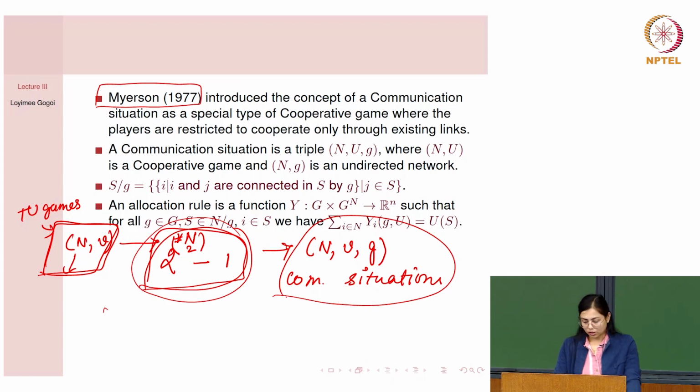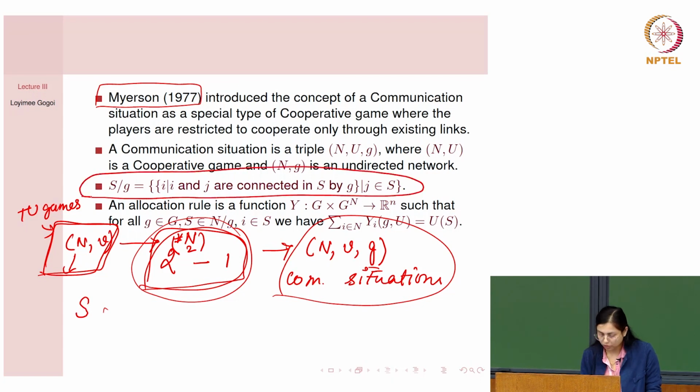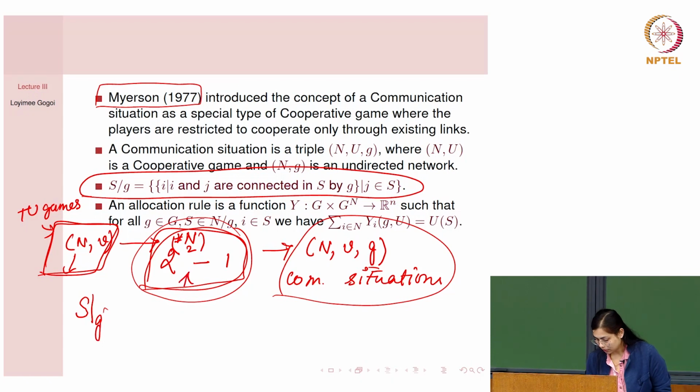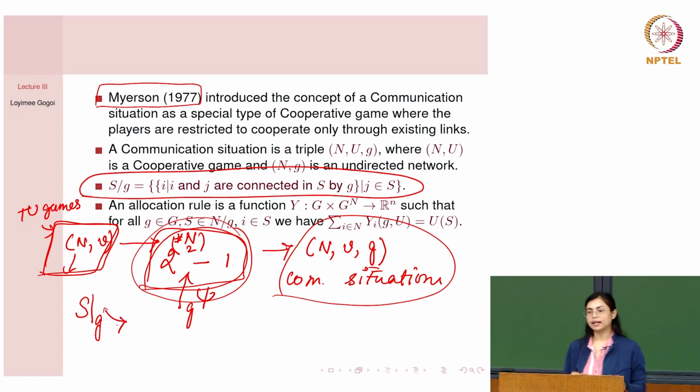Okay. Then under the graph Z, for each coalition S, I am going to define the notation S over Z. For any coalition S and any graph Z, the graph Z divides the coalition S into a partition, right?